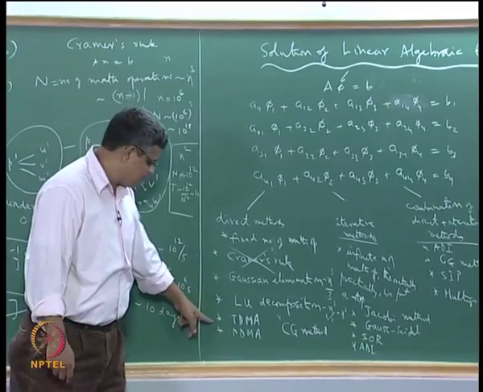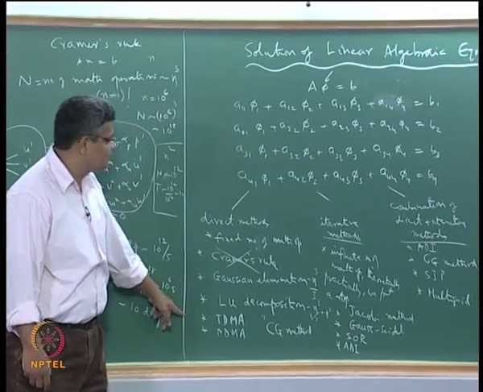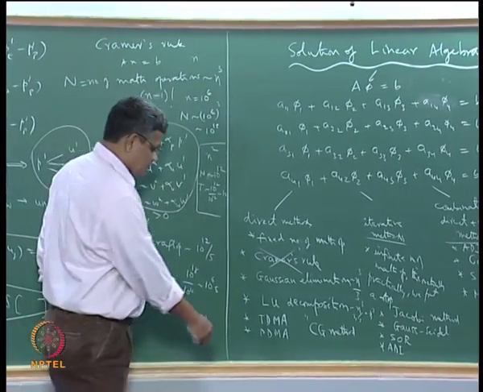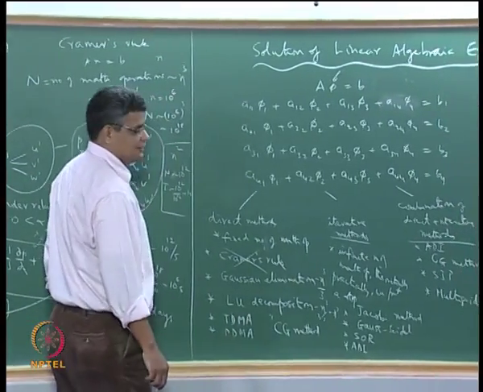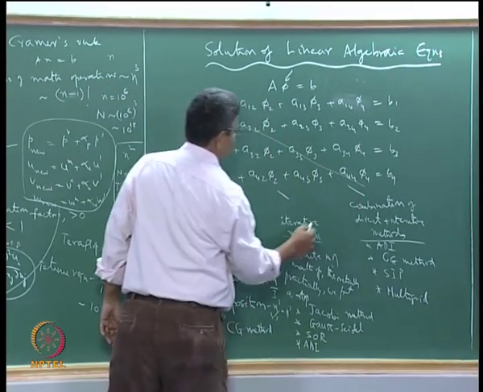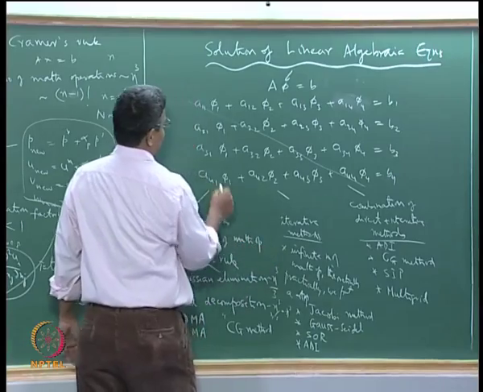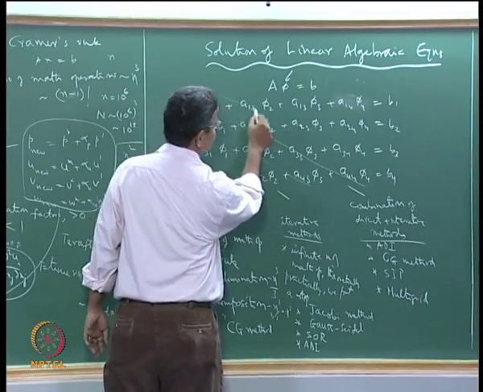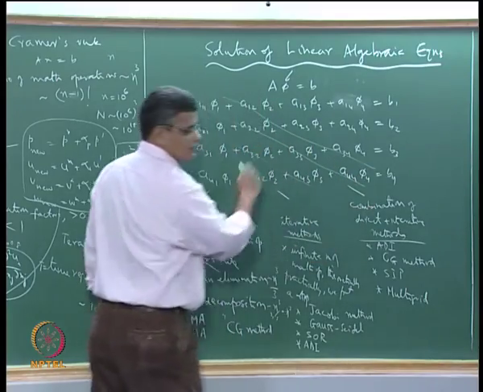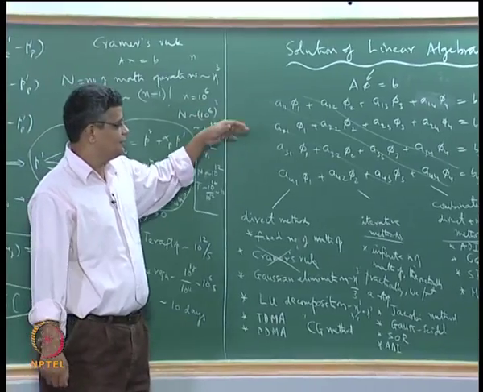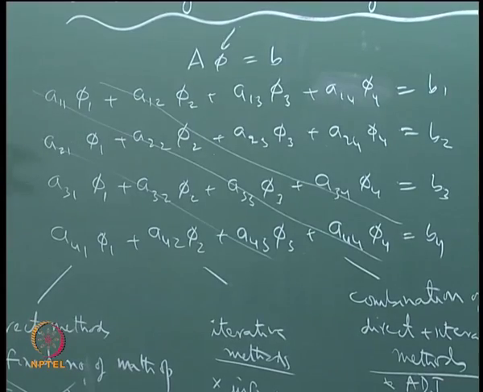The TDMA and PDMA are methods that can be used only when there is a diagonal structure. The tridiagonal matrix algorithm is applicable only when you have 3 adjacent diagonals. Okay, so this one and this one and this one are non-zero. That is typically the kind of matrix structure that we have for the one dimensional diffusion equation.